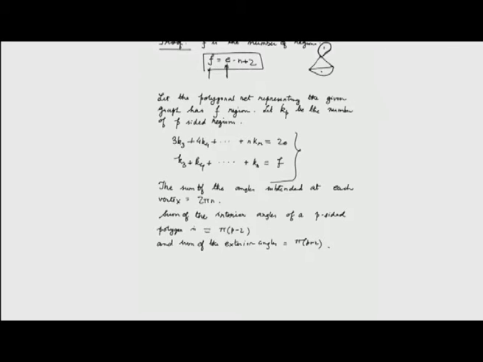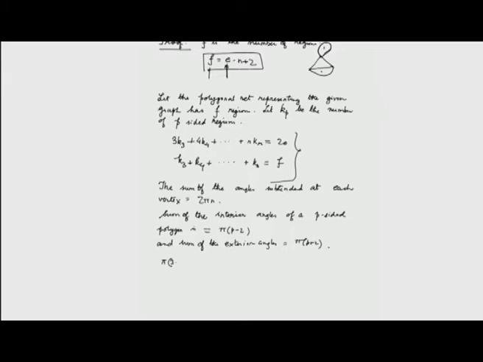So, in that polygonal network of the graph when drawn on a plane, we will have f minus 1 bounded or finite regions and 1 infinite region.